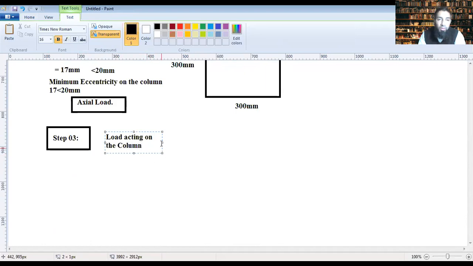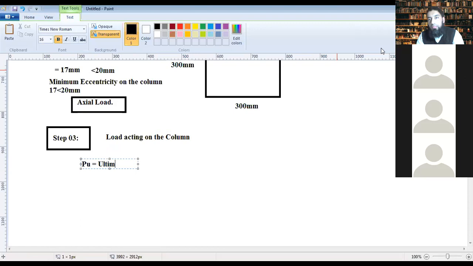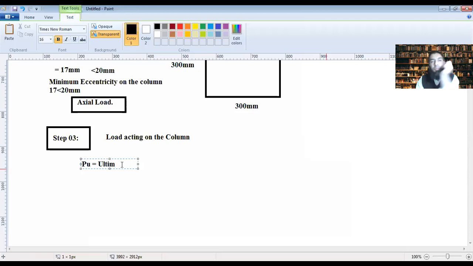You have to calculate the ultimate load PU. So the load acting on the column is the ultimate load.